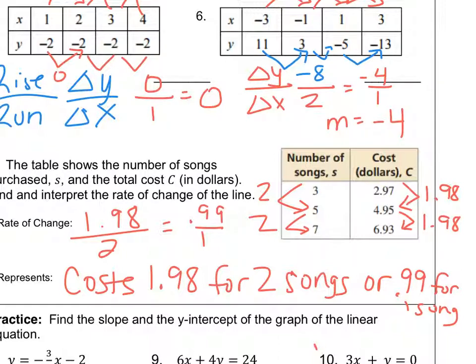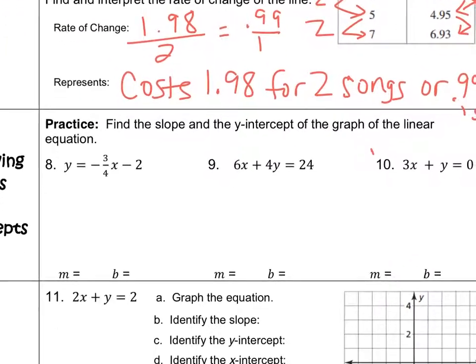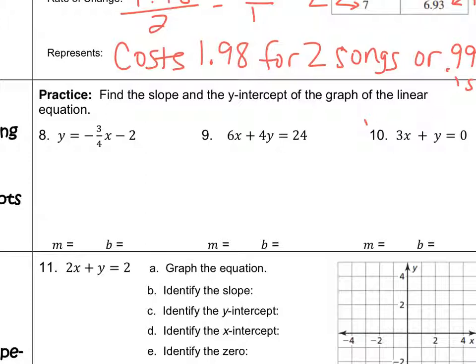Okay, the last thing that we're going to really work on is just practicing defining the slopes and the y-intercepts of these equations. So in this first one, we already have it in the slope-intercept form. The reason it's called the slope-intercept form is because it gives us the slope and it gives us the intercept.